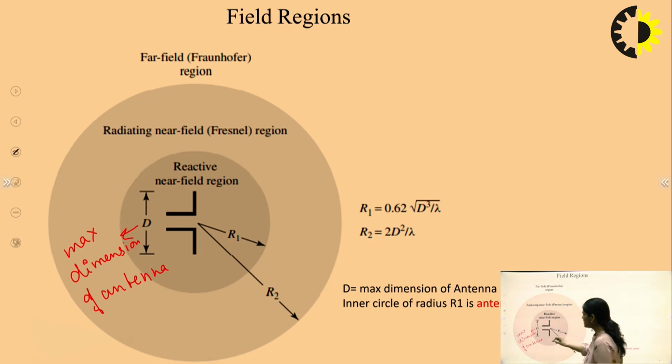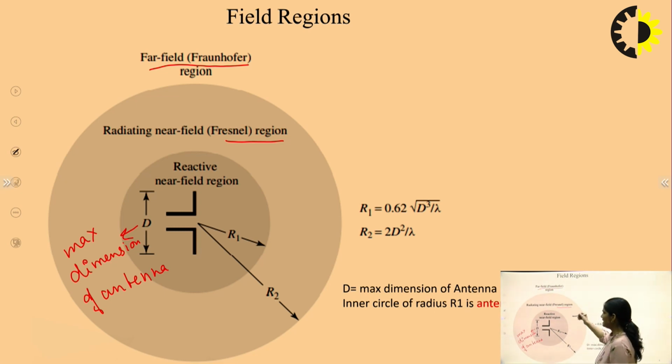Now here, this is the reactive near field region, and its radius is R1, and the other region of radius R2 is known as the radiating near field, or Fresnel region. After that, if your space is up to infinity, that is the far field or Fraunhofer region.